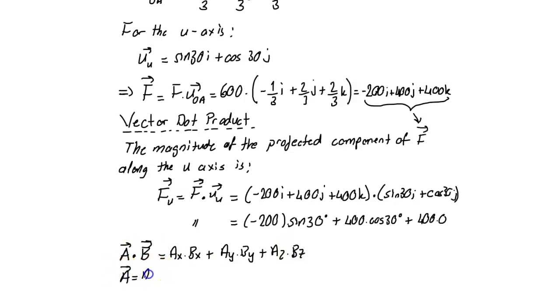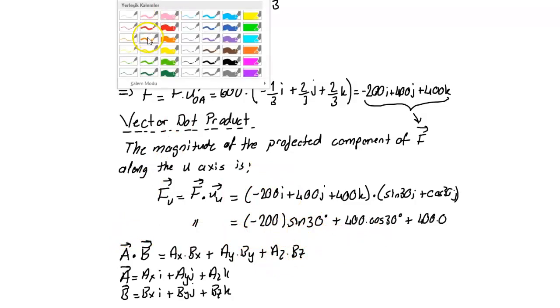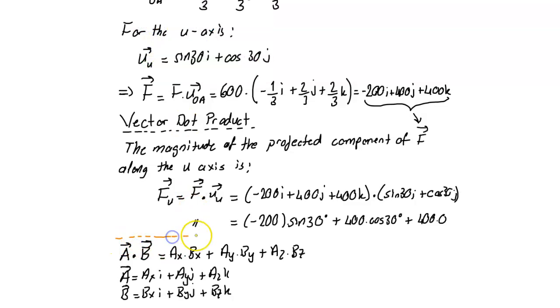A is equal to Ax I plus Ay J plus Az K, and vector B is expressed similarly, Bx I plus By J plus Bz K. So this is how we find the value of the dot product of two vectors. This was a side note just for us to remember, so recall that the dot product is found in this way.